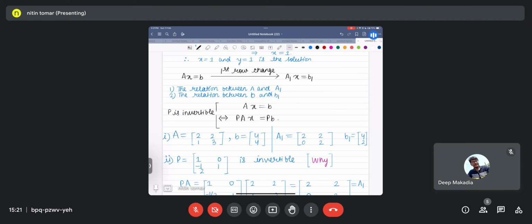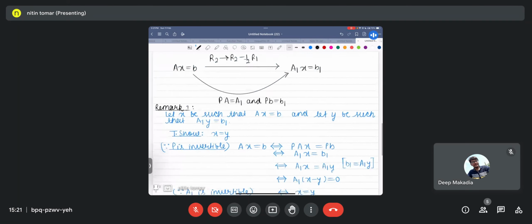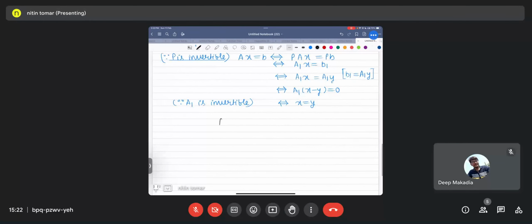Now I will tell you where did I get this P from. So you see, there was this row operation, right? R2 goes to R2 minus half R1. And before that, if you take the identity matrix 1 0, 0 1, and apply this row operation onto this matrix, what will you get? You'll get 1 0, minus half and 1.